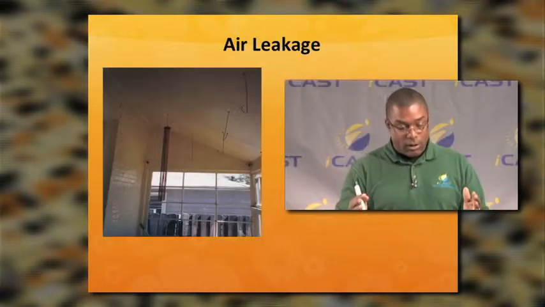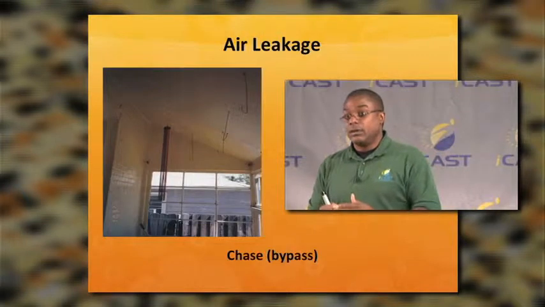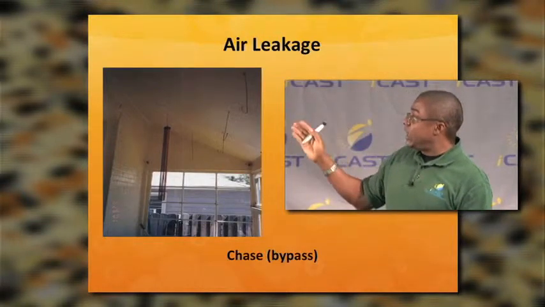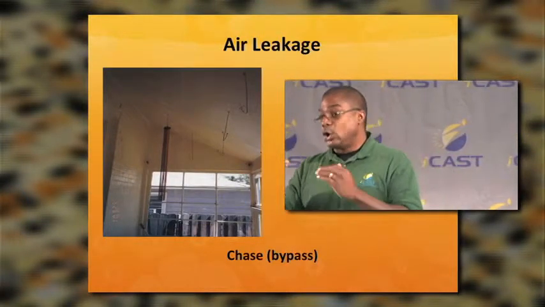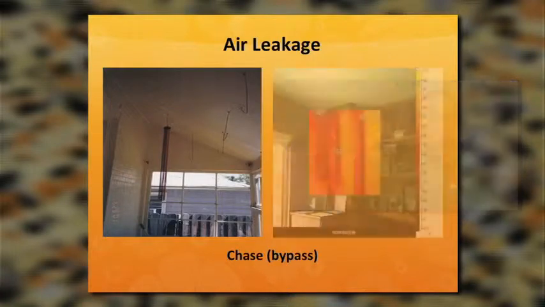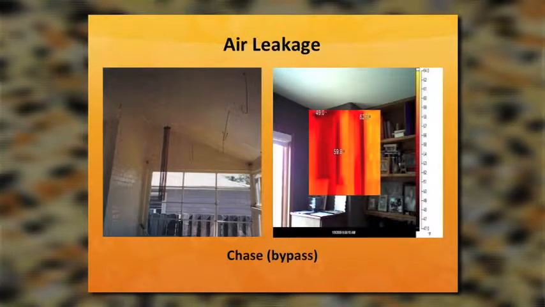Another problem are chases. In this particular case, we see a chase that is open to the attic, and when we shoot it with our infrared camera, we can see where the cold air has been moving through this chase, taking the heat from the house through the drywall, through the plaster to the other side, and then taking that out into the world.